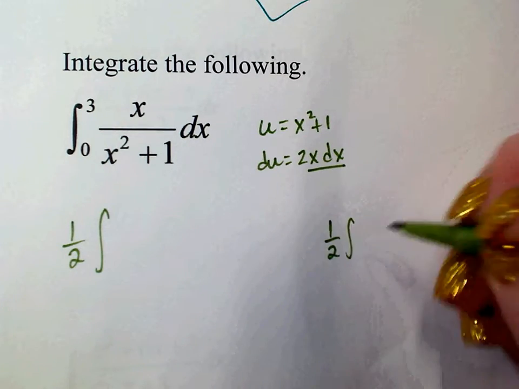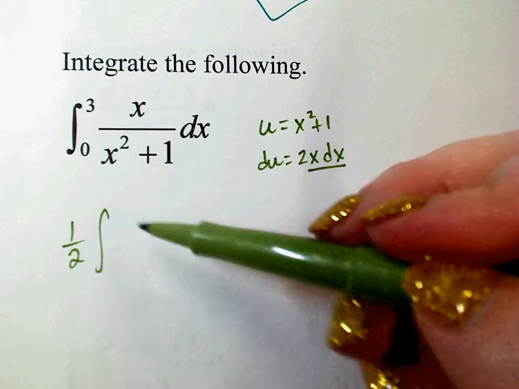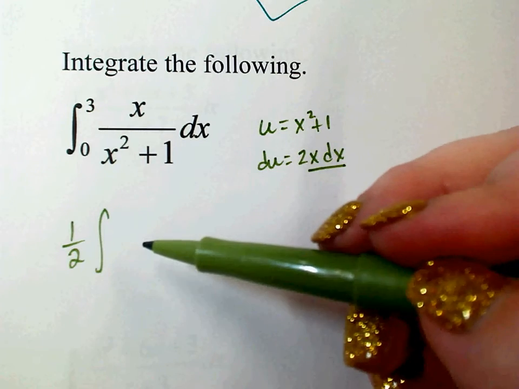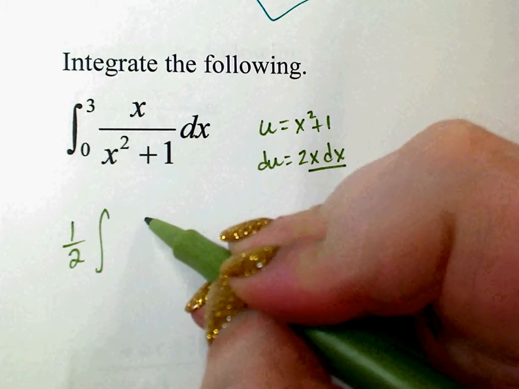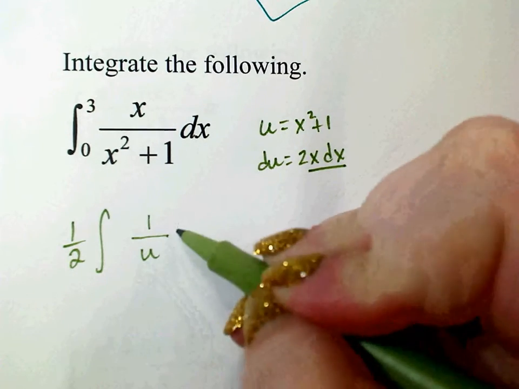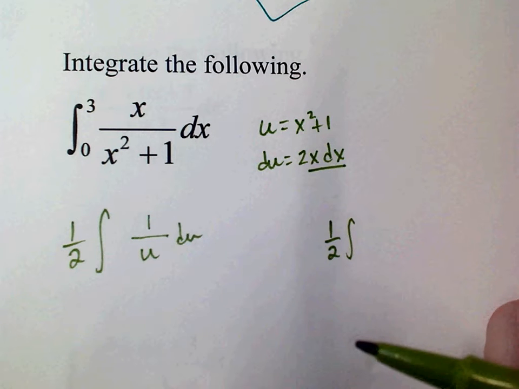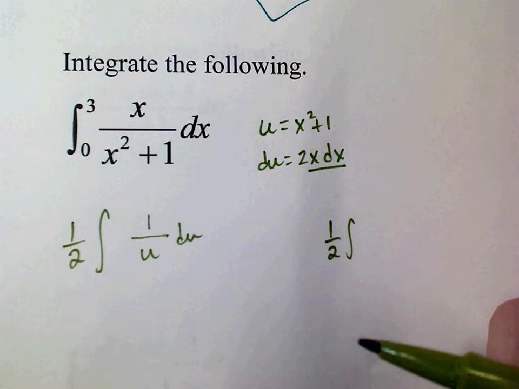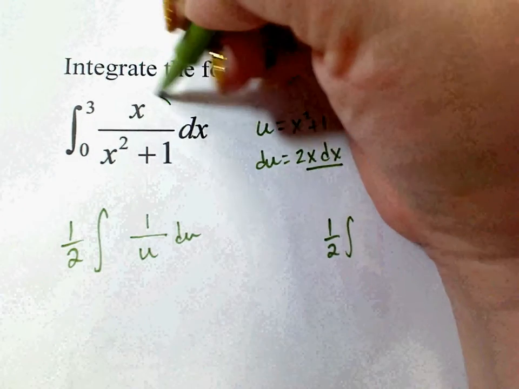Okay, if I don't change my limits of integration, what do I write right here? So I don't put any limits of integration. I just put what? 1 over u du. Are y'all with me? Is everyone with me? So x dx was replaced with 1/2 du.